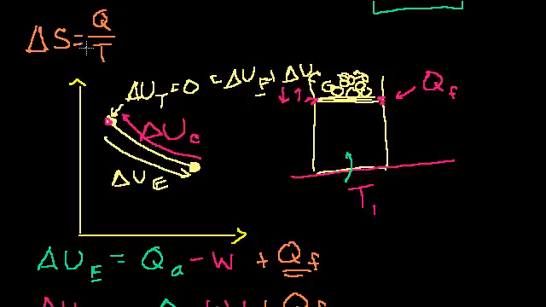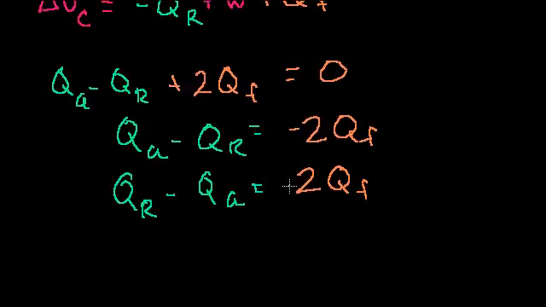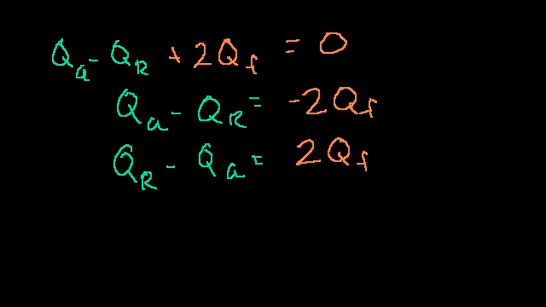If I just use this definition right here, your delta S would be, you just divide everything by T, because our temperature was constant the entire time. We were just on a reservoir. You'll see that this is going to be your delta S.